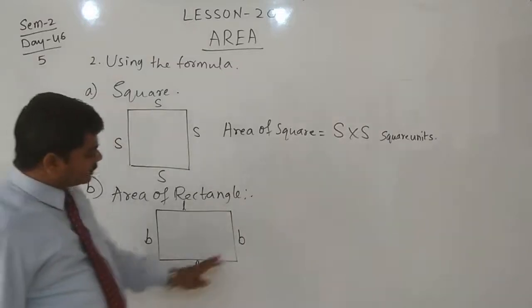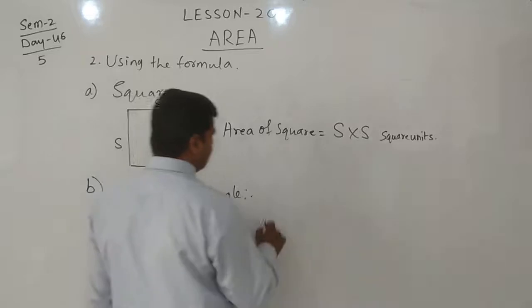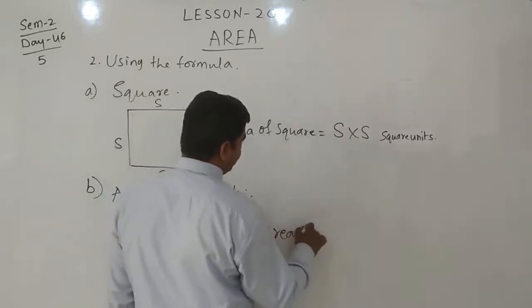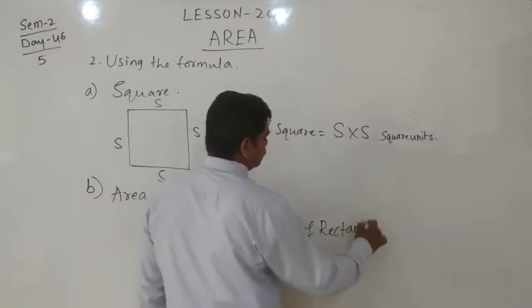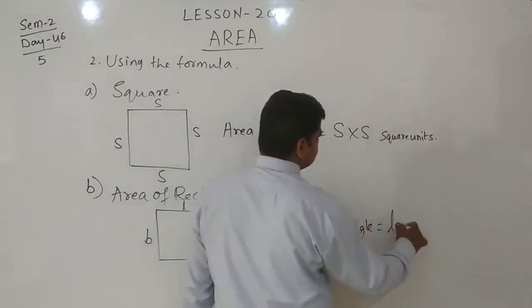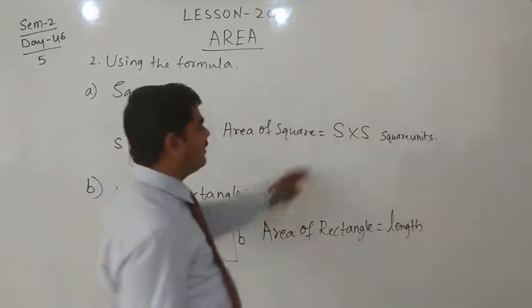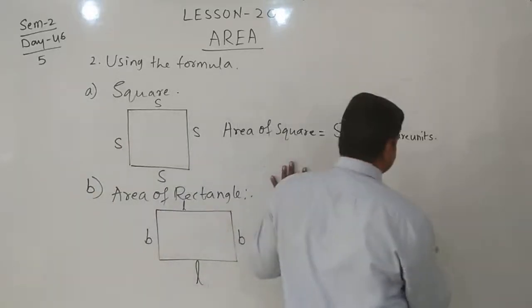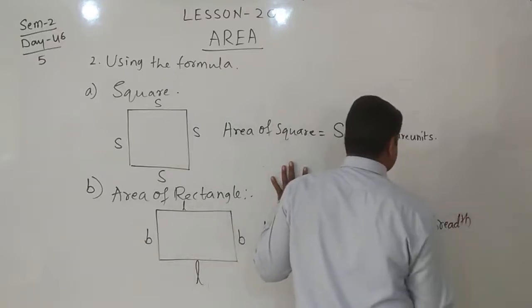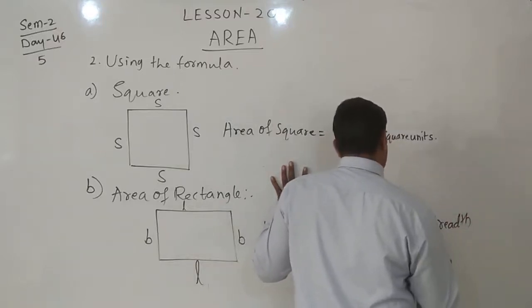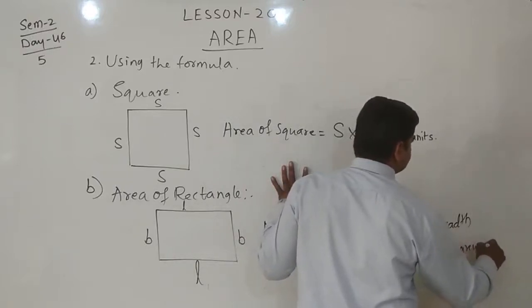Area of rectangle is equal to length into breadth, side by side. That is L into B square units.